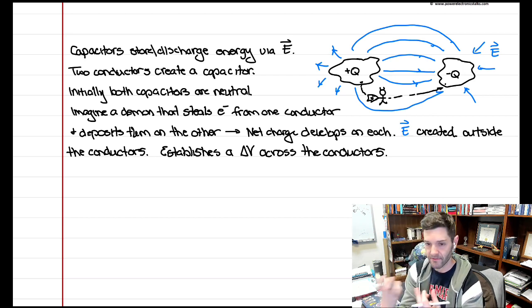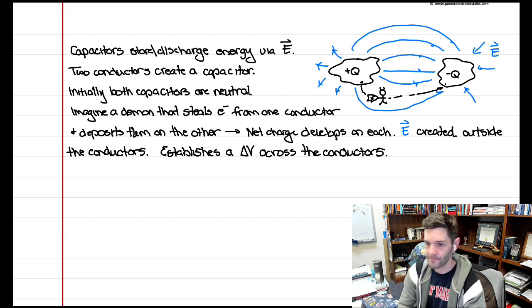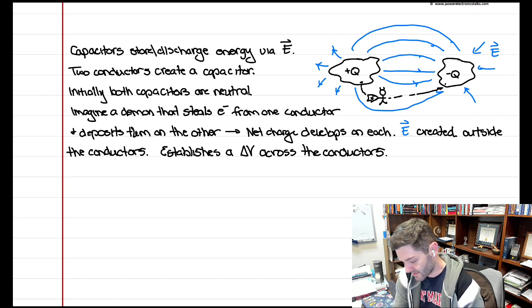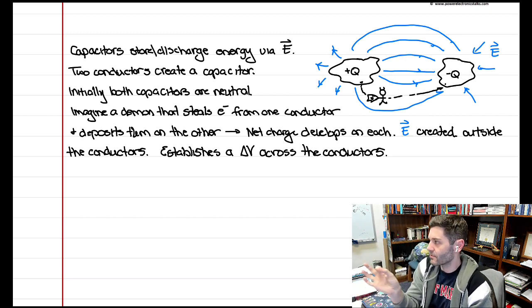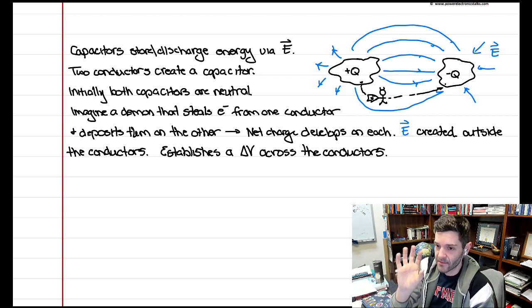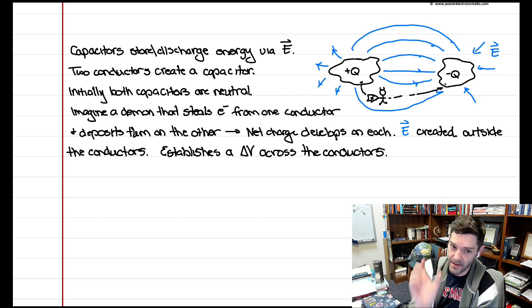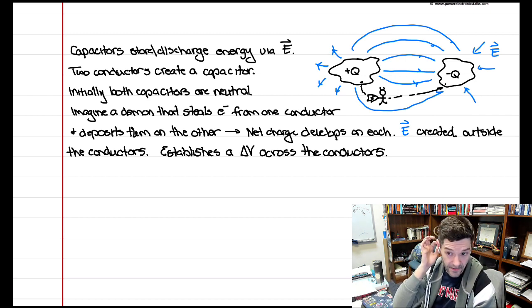But again, all the information about the electric field is encapsulated in the scalar field V. And so there's a potential difference across the conductors, and again, we're building our conceptual ideas of potential, where V goes from high potential to low, or the electric field points from high potential to low potential. So we can think of it as the positive conductor has a higher potential than the negative conductor.